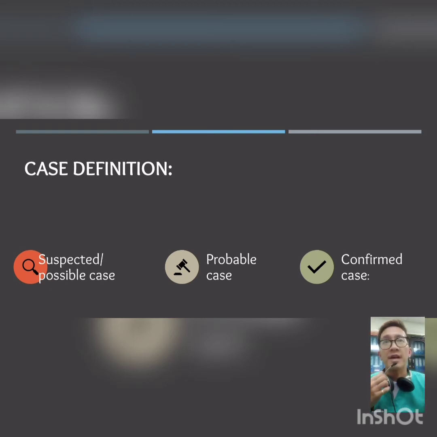The other one is the probable case. A probable case is a suspected case plus an epidemiological link. Okay? When I talk about epidemiological link, these are exposures.